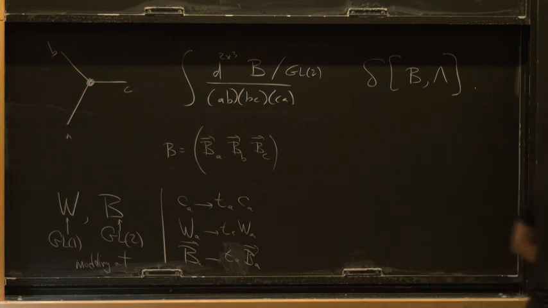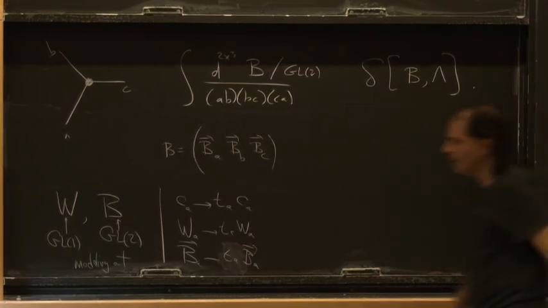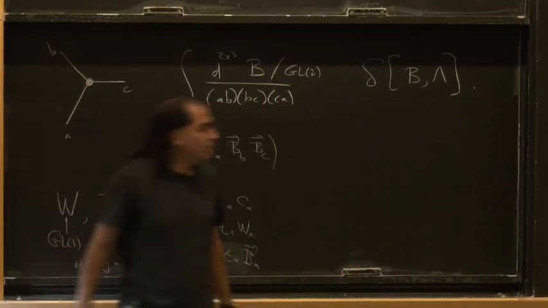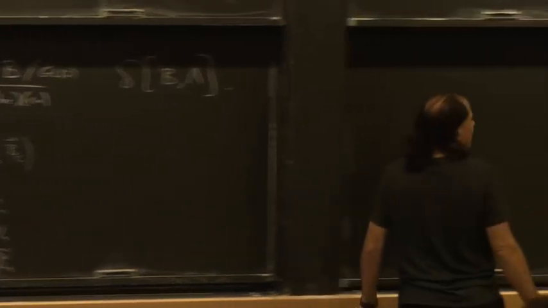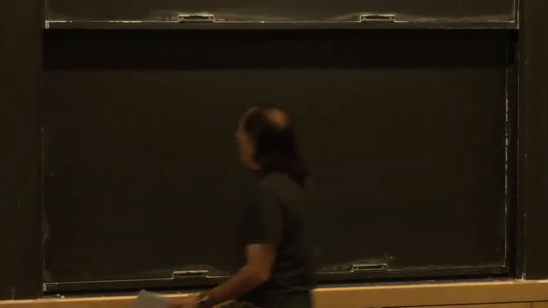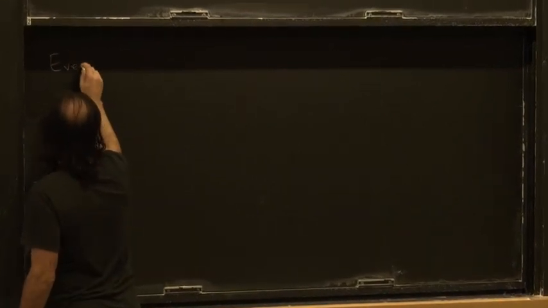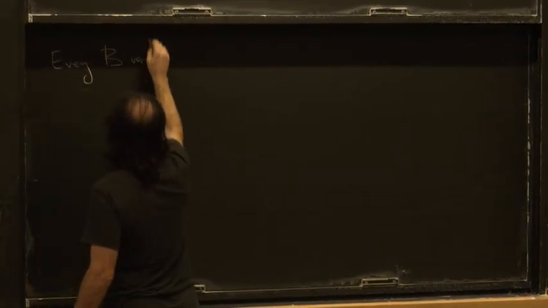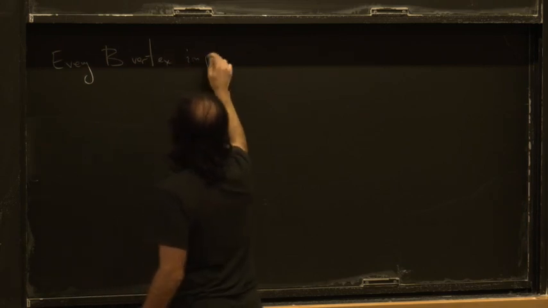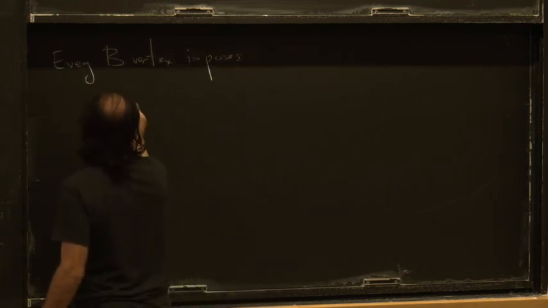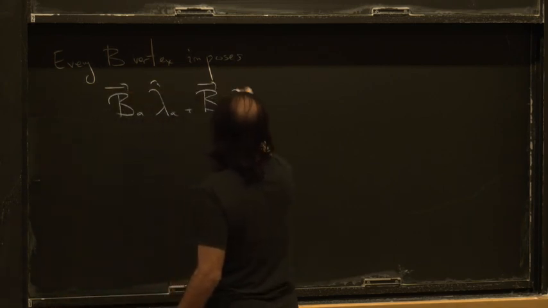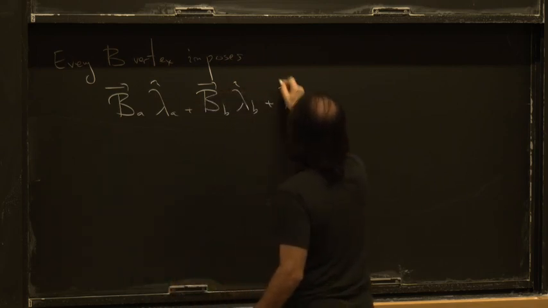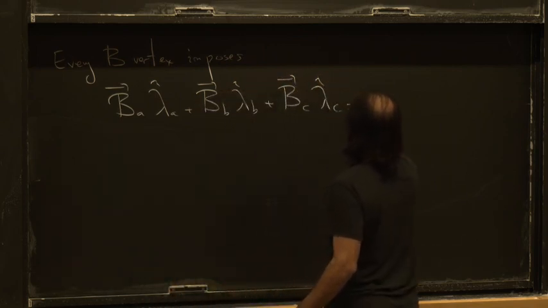But let's get an idea, just roughly, what it is that we're getting. So take any diagram like that one. Every black vertex is imposing a condition BA lambda tilde A plus BB lambda tilde B plus BC lambda tilde C equals 0.